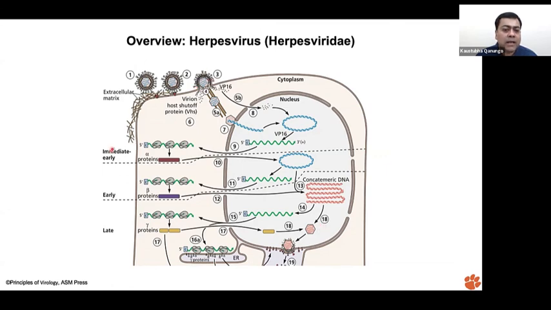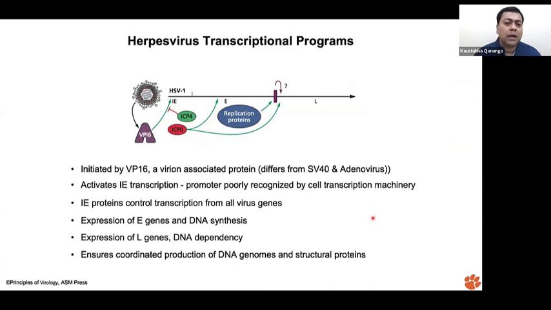So you can see that alpha, beta, gamma, three different types of proteins control the temporal regulation of the herpes virus. Here is the overview: the herpes virus brings the VP16, and the VP16 will immediately regulate the immediate early gene expression. Then the next two proteins which regulate are called ICP4 and ICP0.